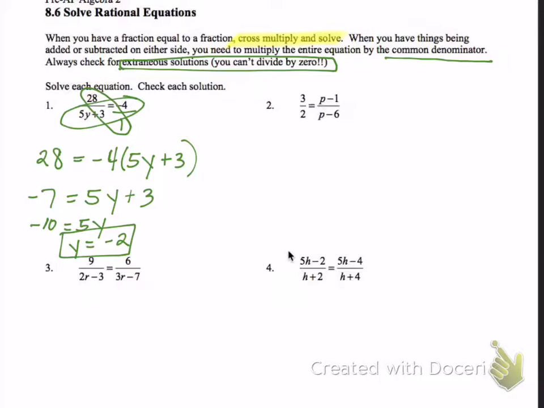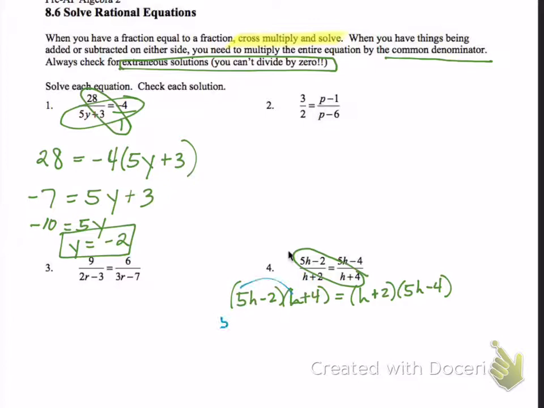Okay, so for number 4, I'm going to cross multiply. So I'm going to say 5h minus 2 times h plus 4 equals h plus 2, 5h minus 4. Then I'm going to FOIL it out. So we do have to FOIL.